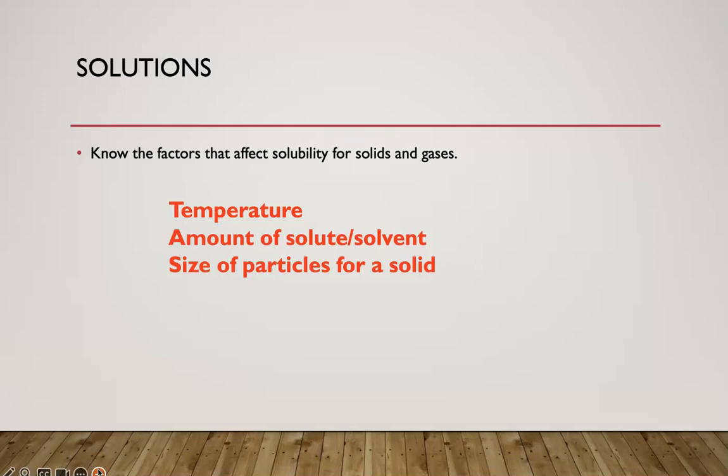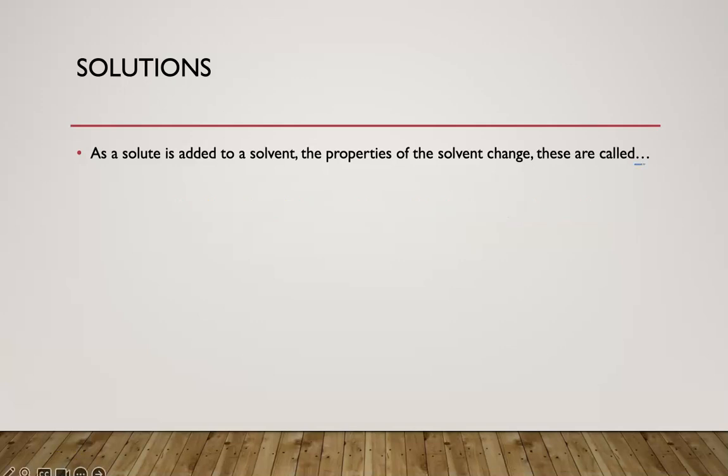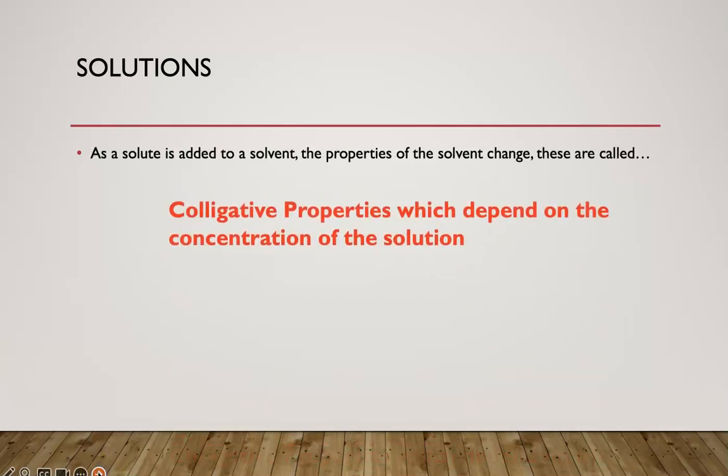Temperature, the amount of a solute and solvent, also the type, because remember, like dissolves like, and the size of the particles for a solid are the three factors that affect solubility. Remember, as temperature increases, solids are more soluble, but gases are the opposite. And don't forget that as we're adding a solute to a solvent, the properties of the solvent are going to change. Those are called our colligative properties.